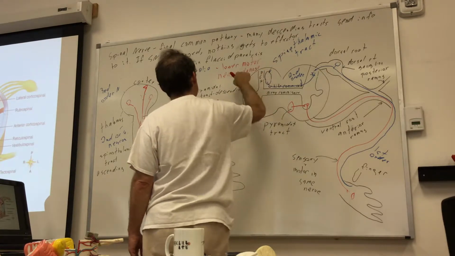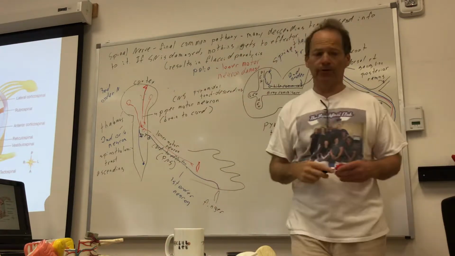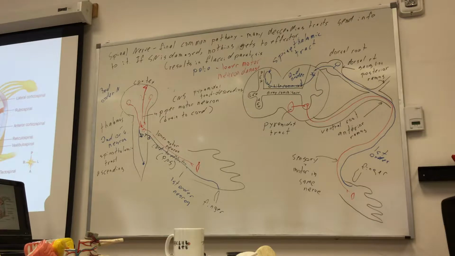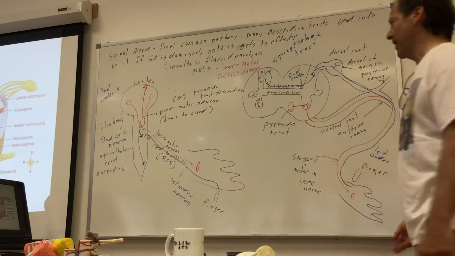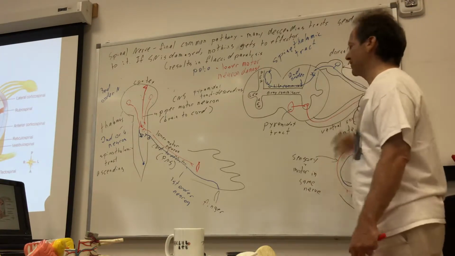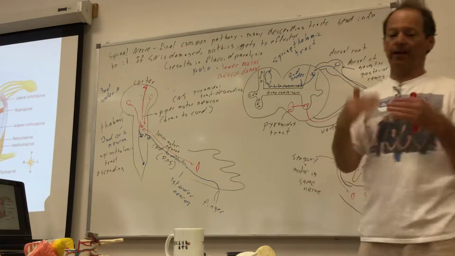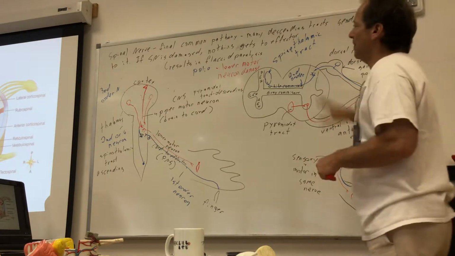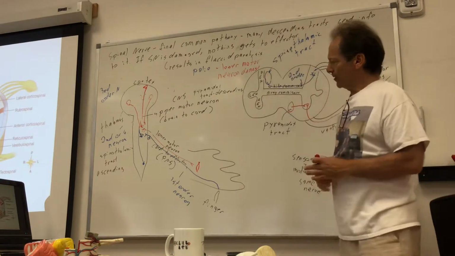Now, fortunately, you can fix the lower motor neurons, right? You got the Schwann cells, and the Schwann cells will rebuild the neurolemma, and then you can grow right through. But that's only if the gods are favorable. You can get into all kinds of accidents where you have lacerations and you don't get it back because the doctors weren't able to line everything up, or scar tissue formed, or something else. But that's the basic thing with lower motor neuron damage.